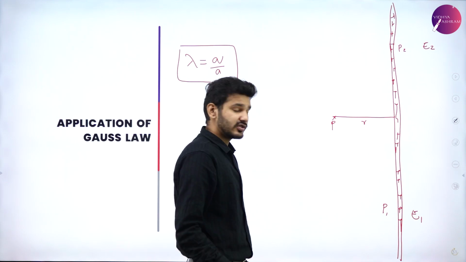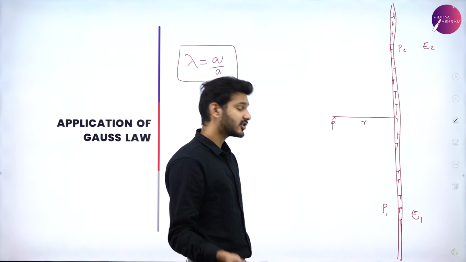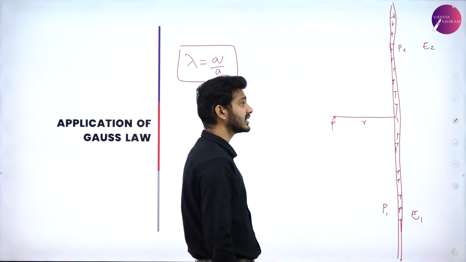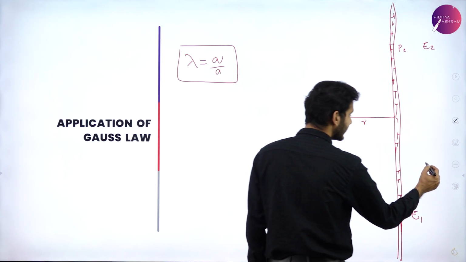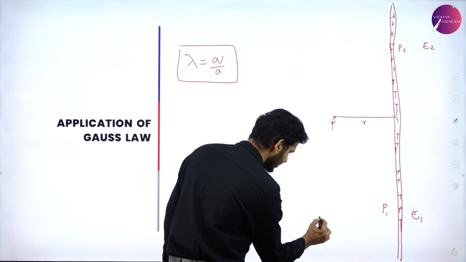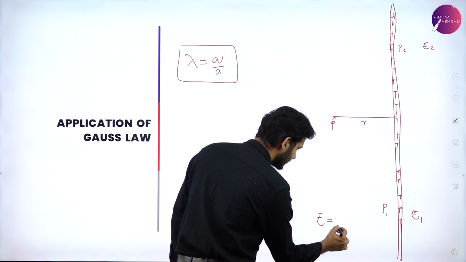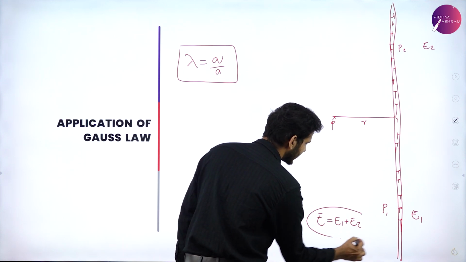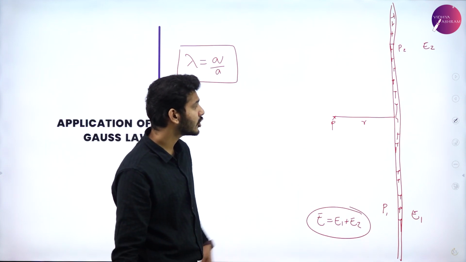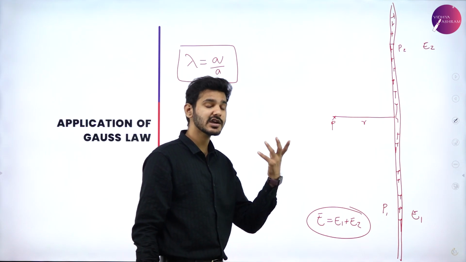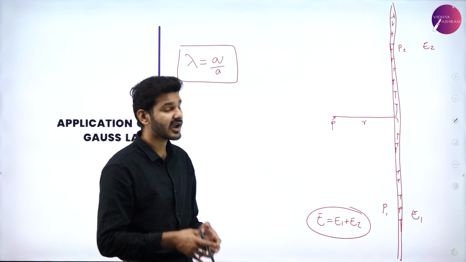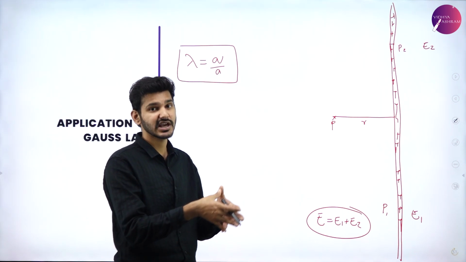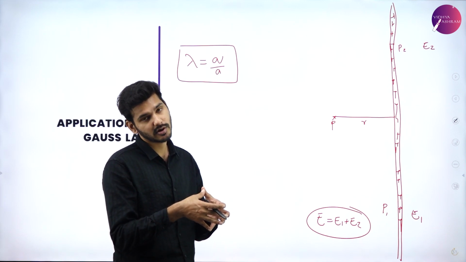We'll see why. We know that electric field is a vector quantity, and we can say that the total electric field E will be equal to E1 plus E2. Just remember that and keep it here. In order to apply Gauss's law in this case, we have to have a closed surface which encloses a net amount of charge.